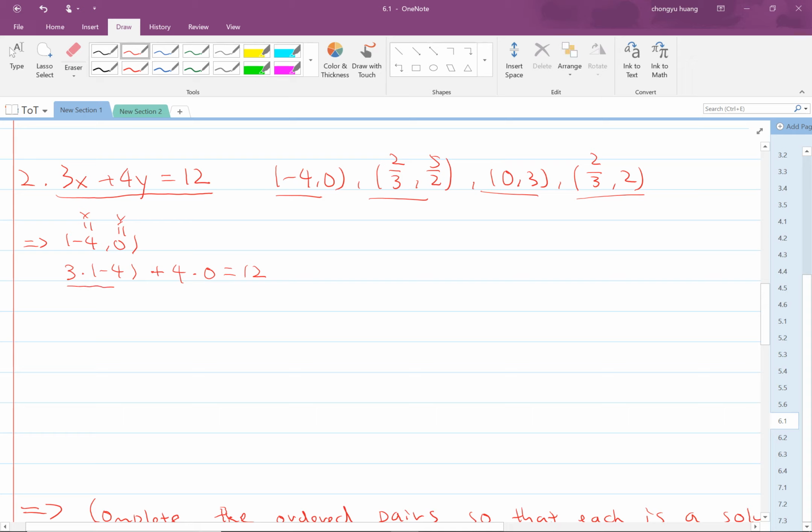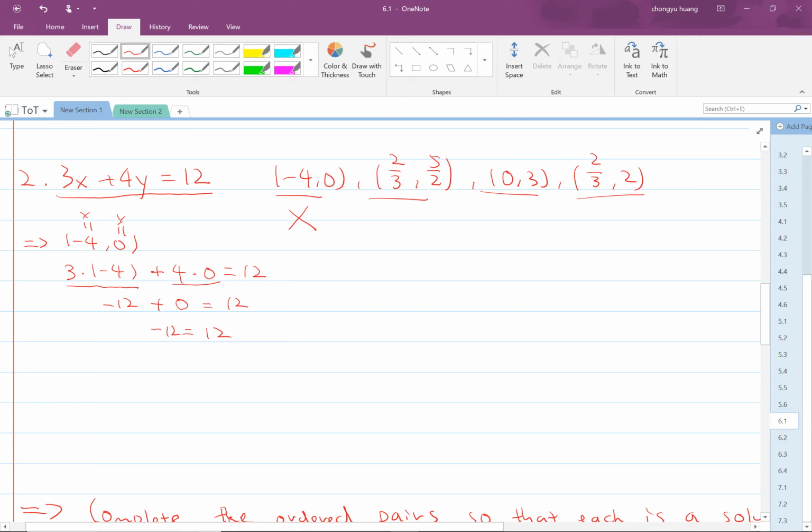The 3 multiplied by -4 is actually -12. -12 plus 4 multiplied by 0 is 0, equal to 12. -12 equal to 12. So you see, it doesn't match, so this point just cannot be in the solution of this equation.